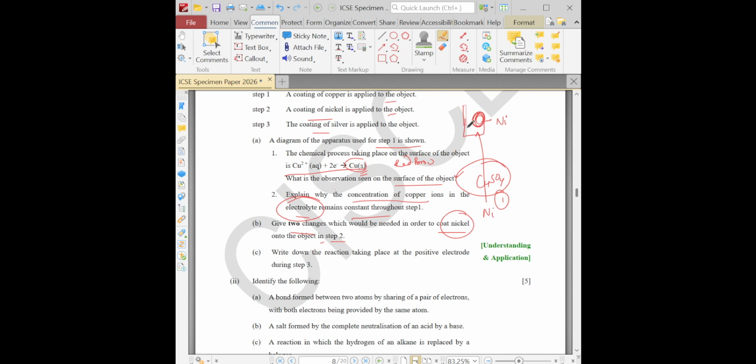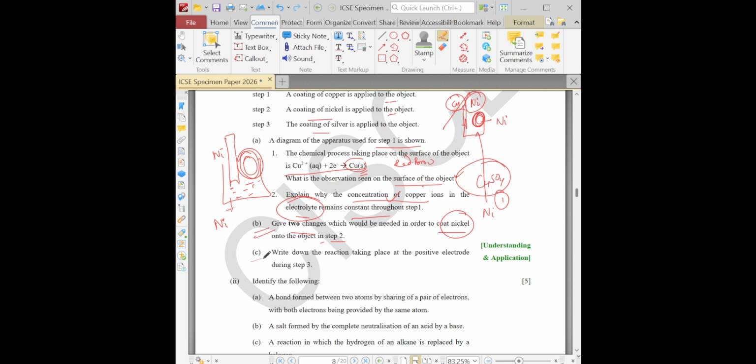So this copper electrode is now to be replaced with a nickel electrode. So what we need? The electrode should be of nickel. The ions present in the electrolyte should be nickel ions. Then only nickel deposition will take place. Okay, so this is the answer, right.